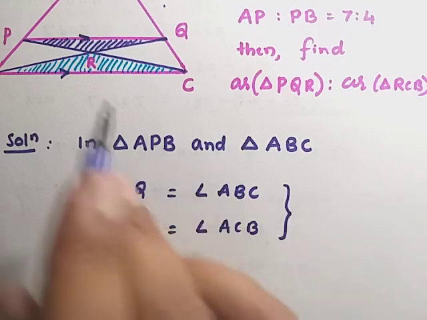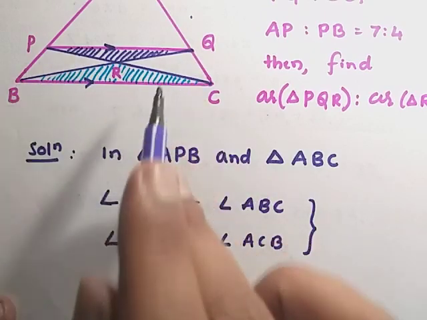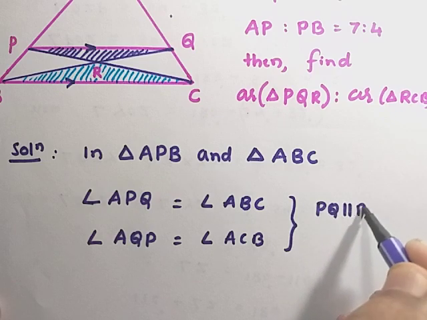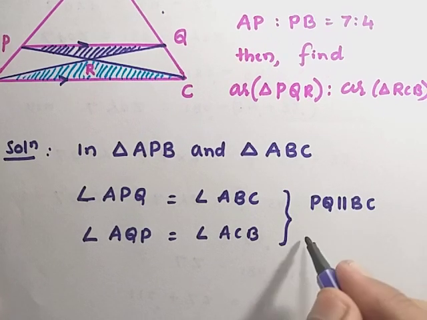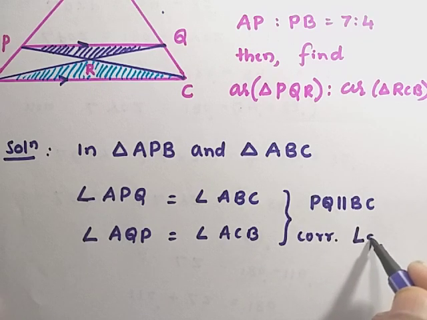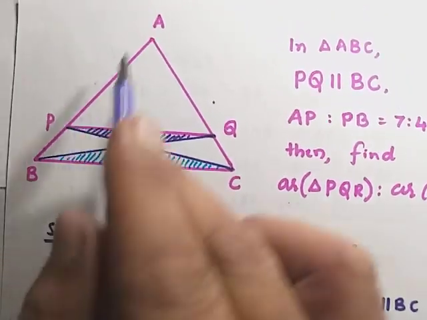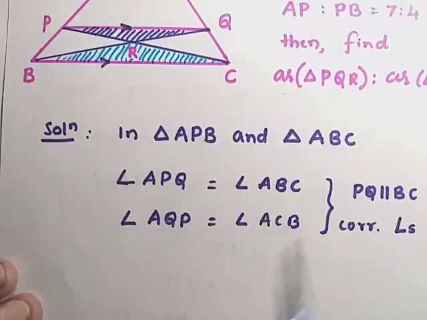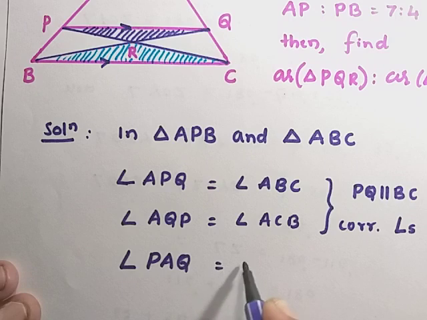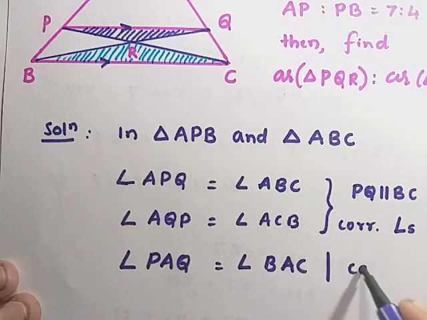Both of these are for a single reason: PQ is parallel to BC, given. Hence they are corresponding angles. And we have one more angle: angle PAQ is equal to angle BAC, a common angle.